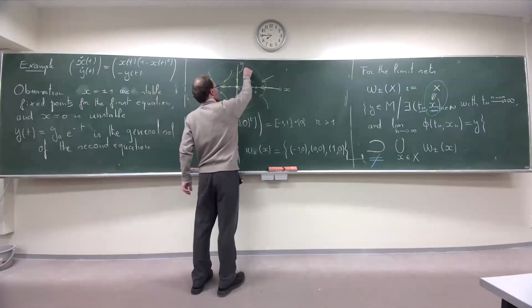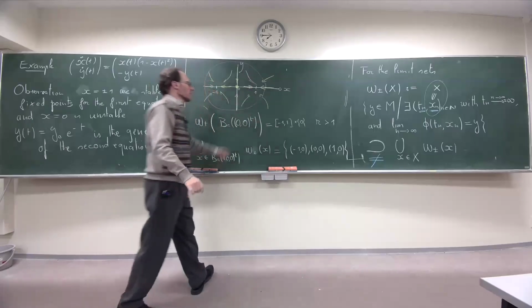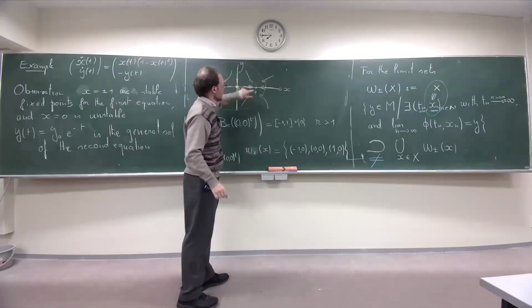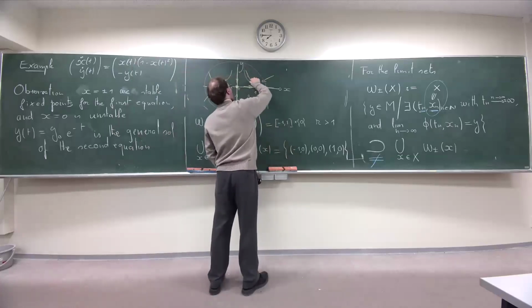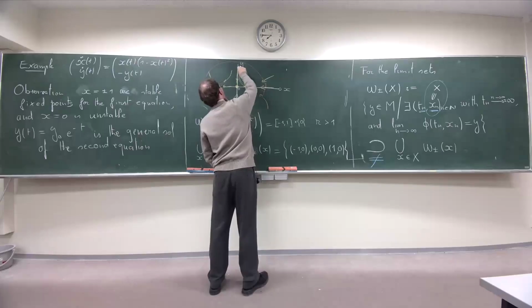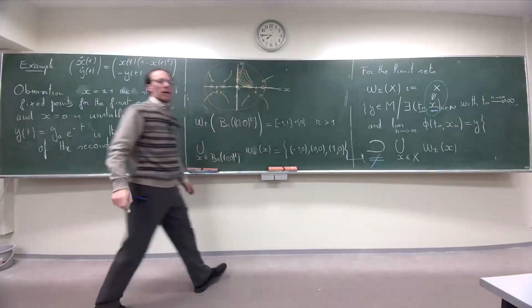Of course, if you just follow one, you will end up at this point. But if you are allowed to look, we have plenty of trajectories which are like this, right?